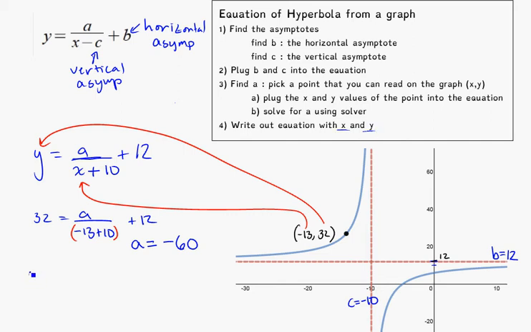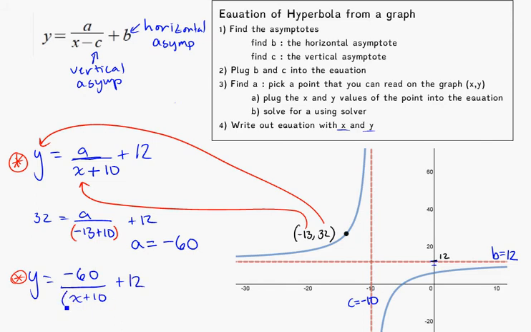So I'm going to go back to y is equal to, well, a is now negative 60, and I still have c and b, so I can actually use this form here that I've already simplified and put the a into that. So same thing here, it's going to be x plus 10 on bottom and plus 12 to the side. So there we go, equation all done. Y is equal to negative 60 over x plus 10 plus 12.